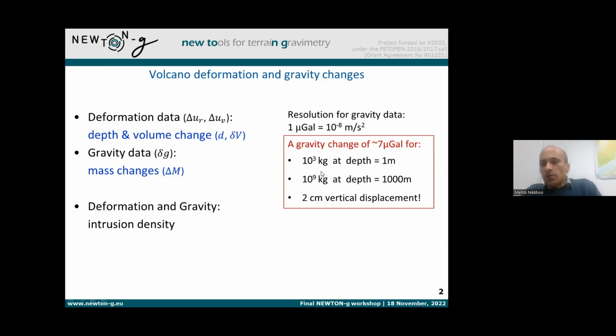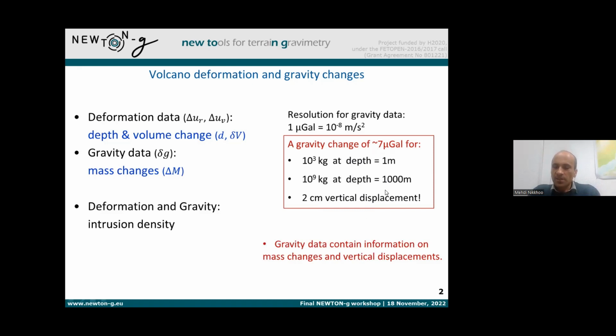And we can also consider that the same amount of gravity change can be caused by 1 billion kilogram of new mass at a depth of 1 kilometer below the gravimeter. But at the same time, 2 centimeters of vertical displacement of the gravimeter produces almost the same amount of gravity change. So this means that gravity data contain information on mass changes and vertical displacements.